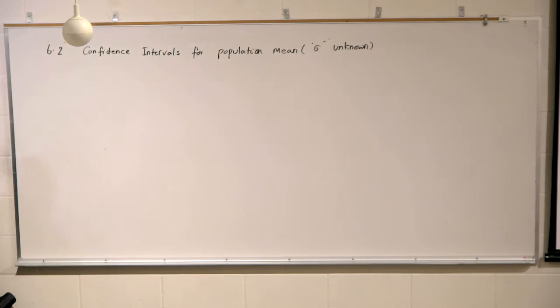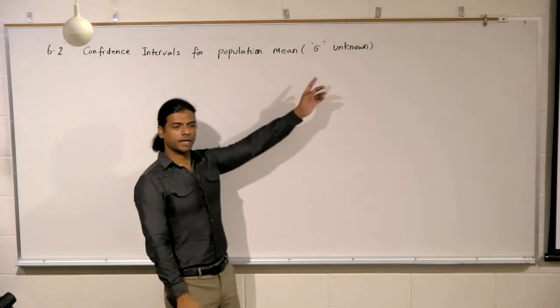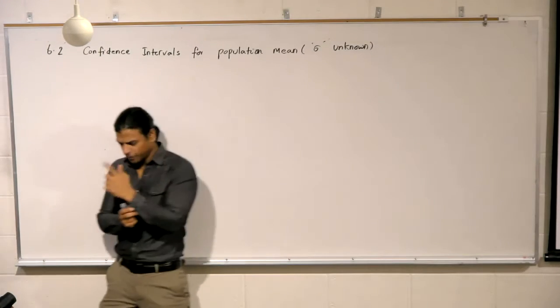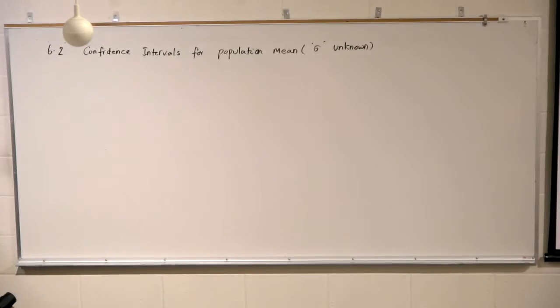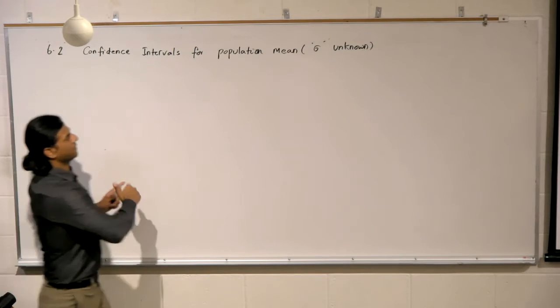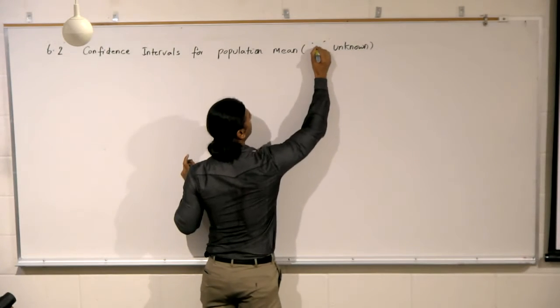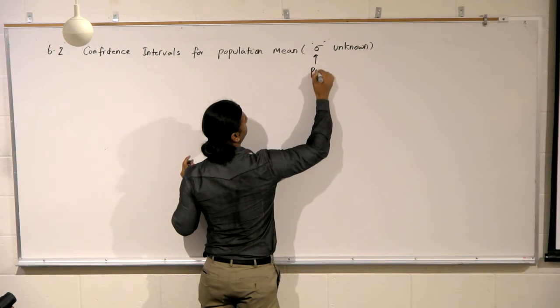If you look in the text, 6.1 is confidence intervals for population mean when sigma is known. I typically don't do that section because it's not practical. In practice, we do not know sigma for the most part. Sigma is the population standard deviation.